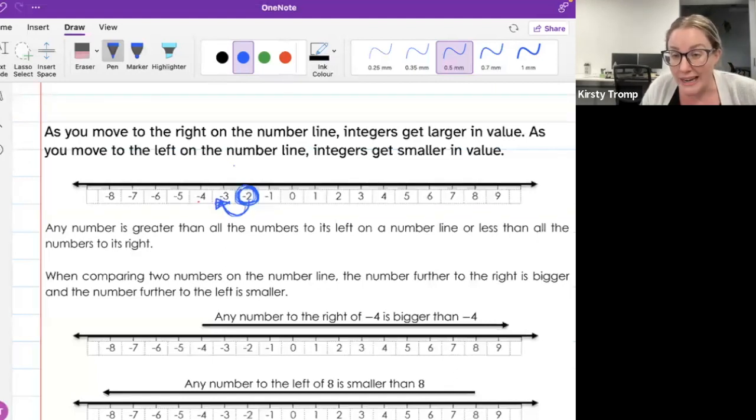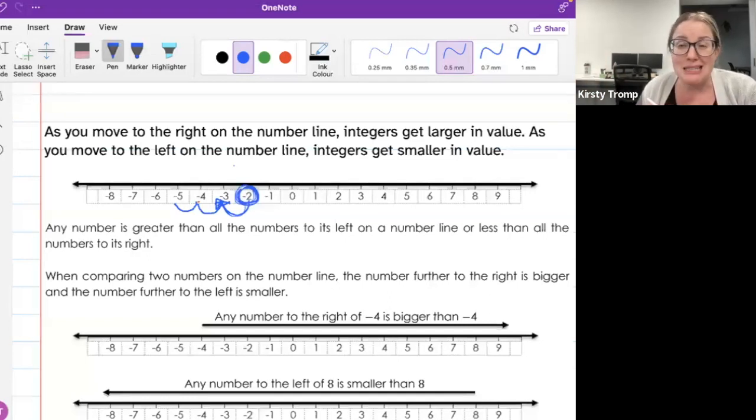So when we move 1 left, we get to -3. Good. Thank you, Matthew, for participating. Great, guys. Well done. -3, -4, -5. So we can see that a number like -5 is going to be less than a number like -2. Why do we know that? Because -5 is much further left than the number -2.